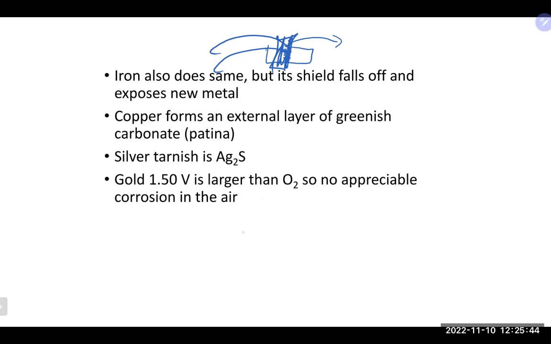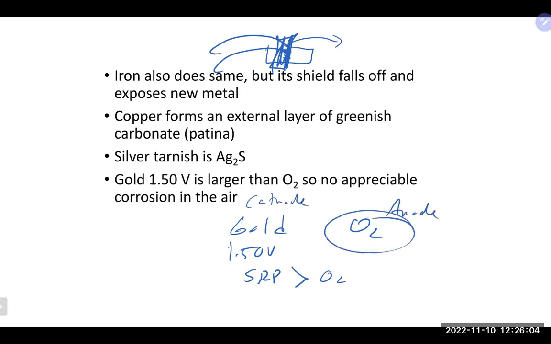That is because gold at 1.5 volts has an SRP value more positive than oxygen. That means when gold and oxygen get hooked up, the cathode is the gold, and the anode, where all the oxidation and bad things happen, is the oxygen. That's why gold will not go through much corrosion. Any questions on that?